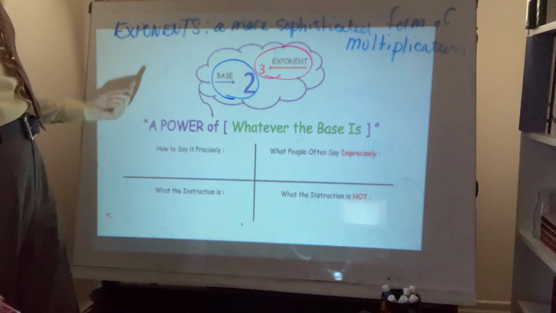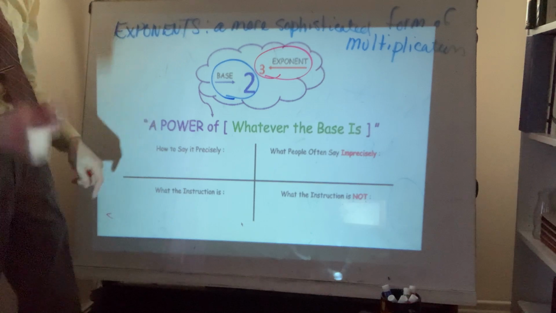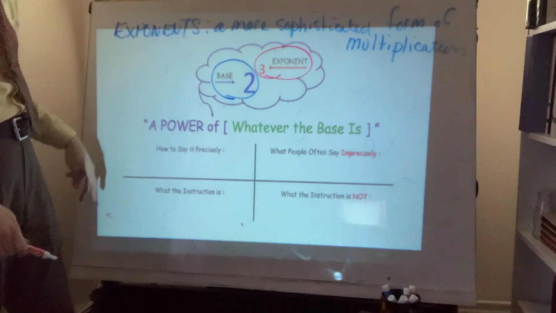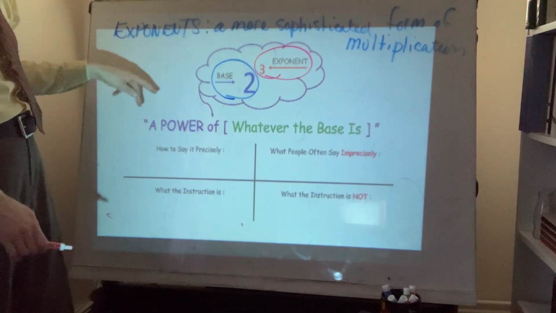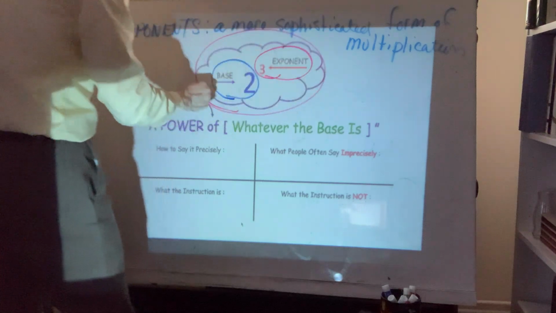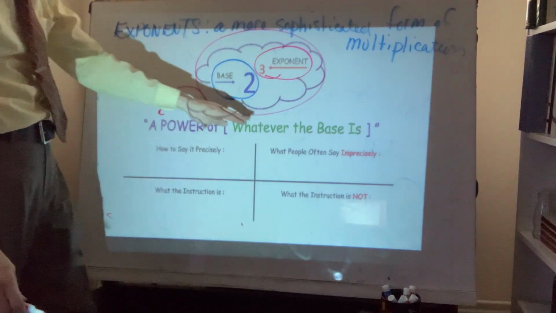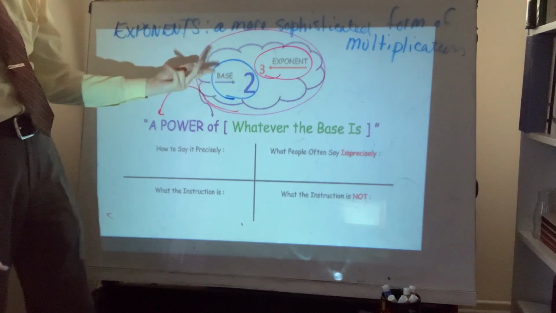Now, as for this phrase in English, because English can be confusing, and as a math teacher it gets you in trouble, beware. In this thought cloud here, it's a power of. The whole thing is a power of whatever the base is. What's the base? The base is 2.